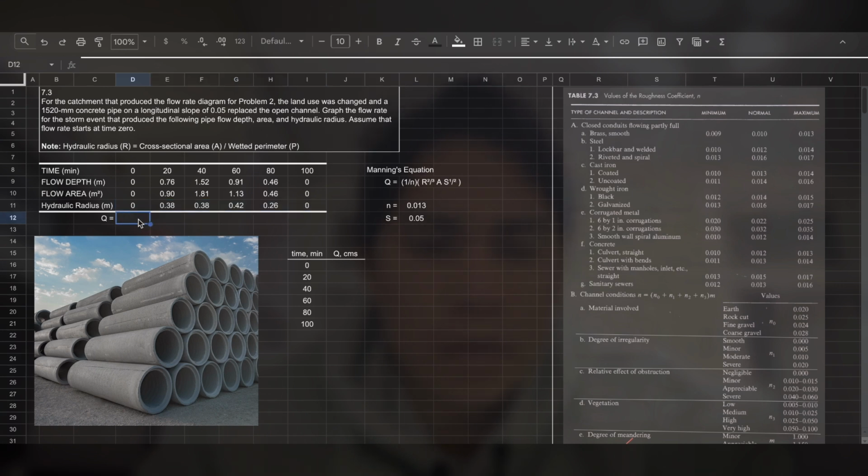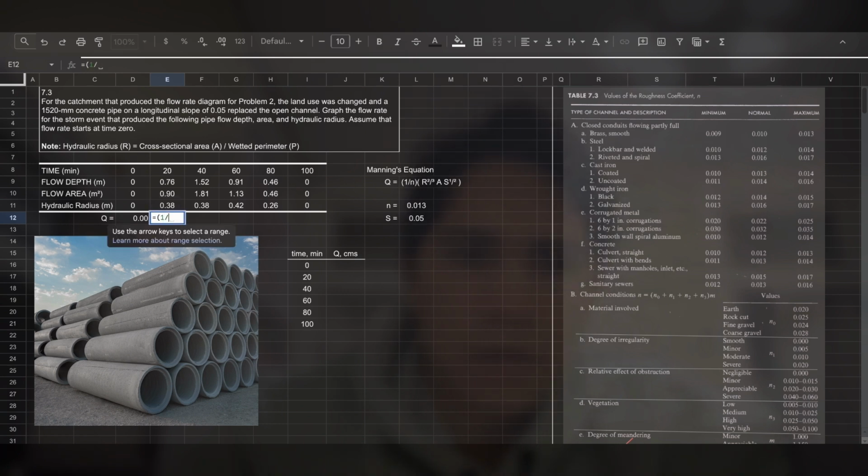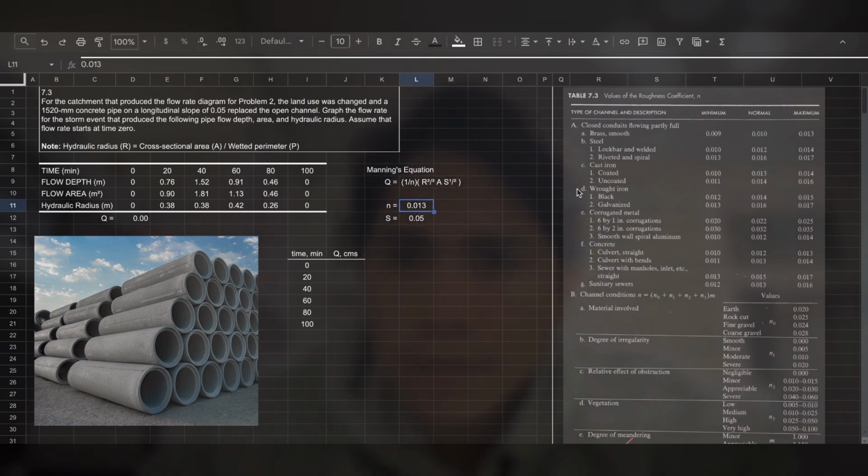So all we need to do here is use the Manning's equation to solve for the flow at each different time period. So the first one is going to be 0, and then we're going to do 1 over n equals 1 over n. Oh, let me explain where I get n from. So n is 0.013.